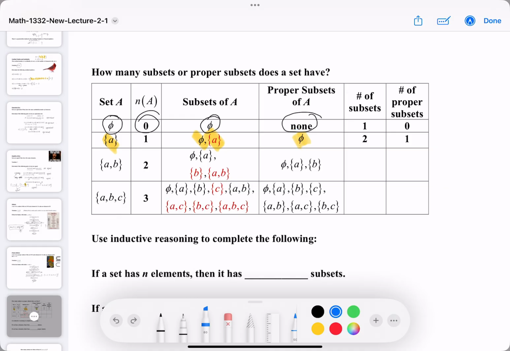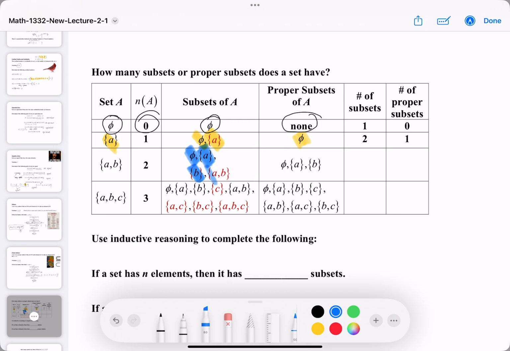Okay, how about A and B? The set has 2 elements, A and B. The cardinality is 2. And what are the subsets? The definition of a subset means all of the elements in this subset are inside the set. So we always have phi, and A and B, they are all in the set {A, B}.